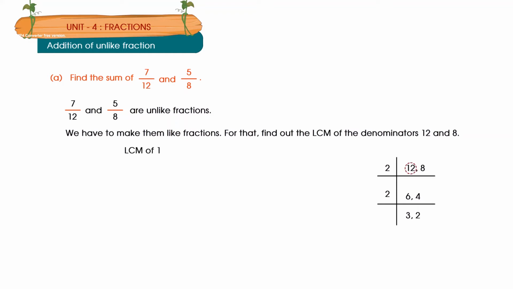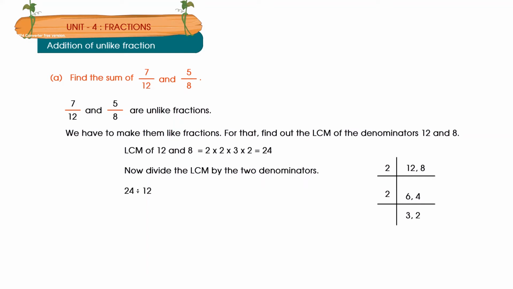LCM of 12 and 8 is equal to 2 × 2 × 3 × 2, which is equal to 24. Now divide the LCM by the two denominators. 24 divided by 12 is equal to 2. 24 divided by 8 is equal to 3.